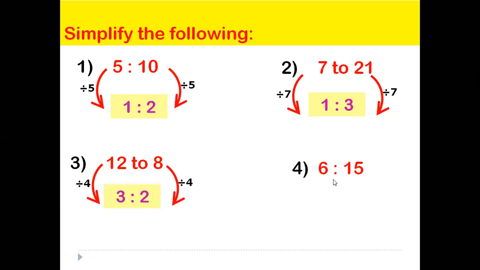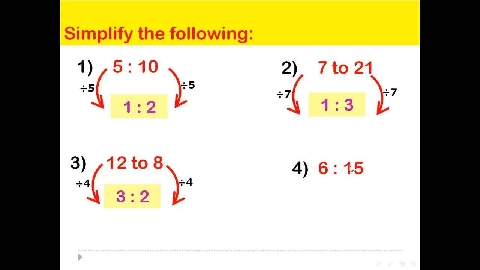Number 4, we have 6 and 15. The greatest common factor between 6 and 15 is 3. Yes, you need to think of the factors of each of them. If you can't figure that directly, just list your factors for each number you have. So the factors of 6 are 1, 2, 3, and 6.